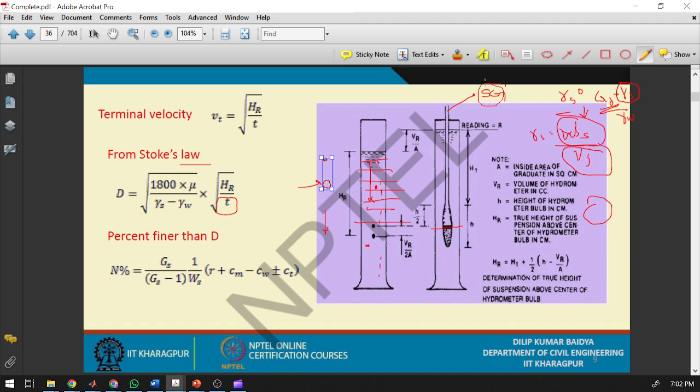Specific gravity, you already have to know about this material. Based on this, we take a spherical volume here, based on specific gravity and the terminal velocity.